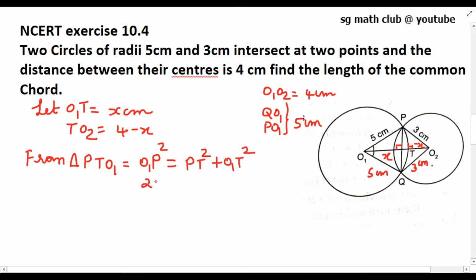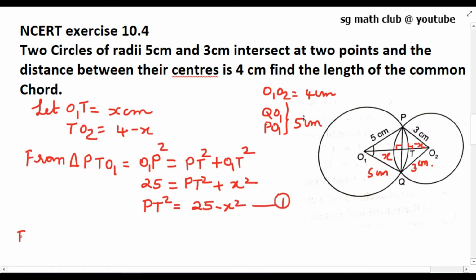O1P is 5, square is 25. PT square I don't know. O1T square is nothing but X square. Therefore, PT square is equal to 25 minus X square. Give this equation number 1.